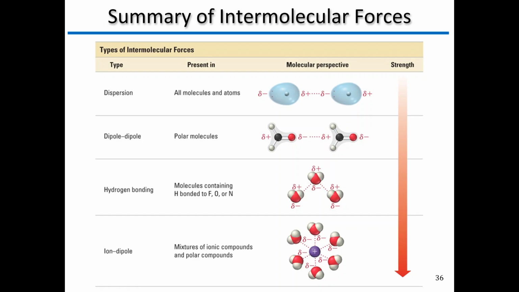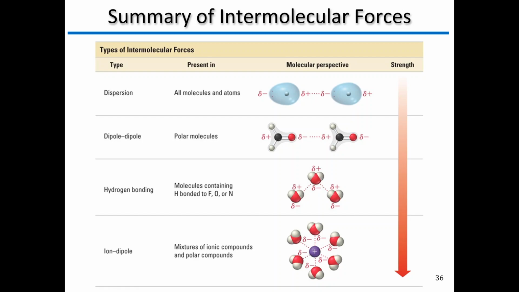And we talked about how some forces are stronger than others. So for instance, dispersion forces are the weakest forces we talked about. Okay, so all matter has these. It's the weakest force that we know of between two molecules. And remember, these are intermolecular forces, so they're between two different molecules. Then we talked about dipole-dipole, so this can only happen with polar molecules.